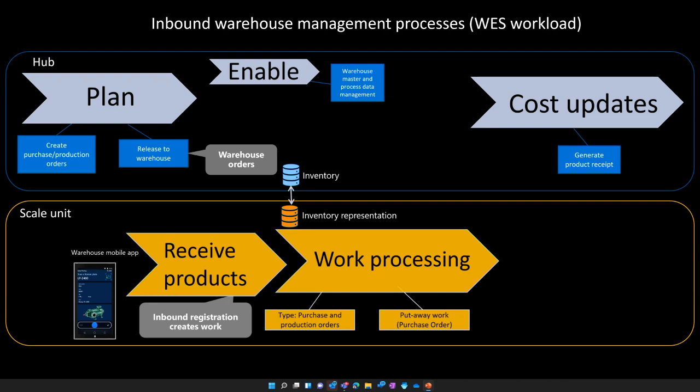So the orders planning phase will always be performed on the hub, and then we will execute that release to warehouse in order for those warehouse orders to be created. That's the mechanism that drives the synchronization between the hub and scale unit. So that is a required step to be performed on the hub, so that synchronization can occur.